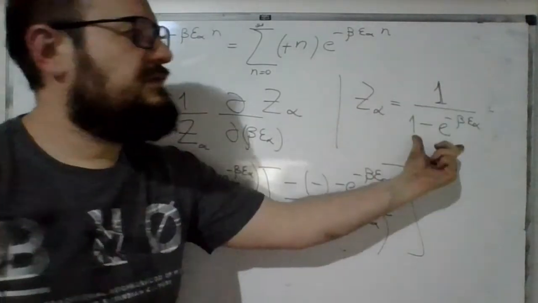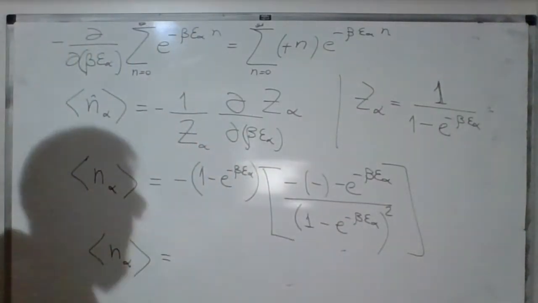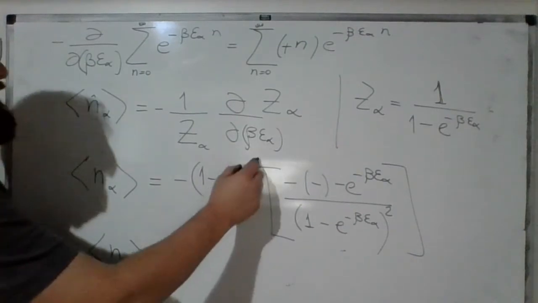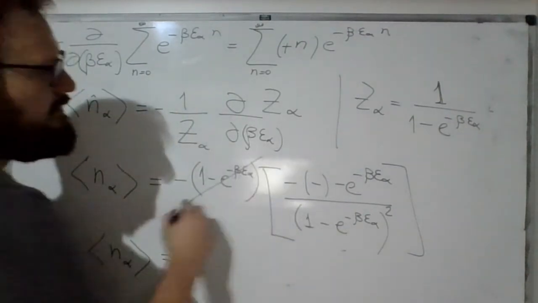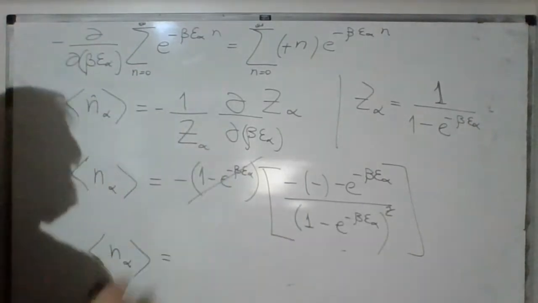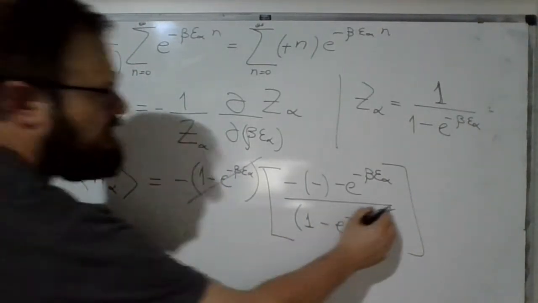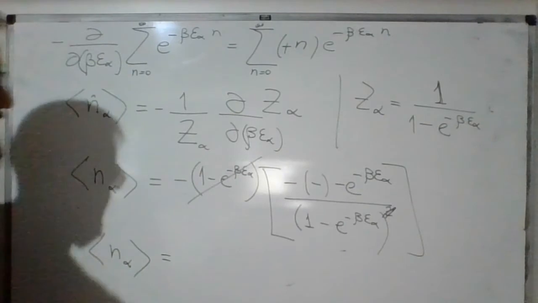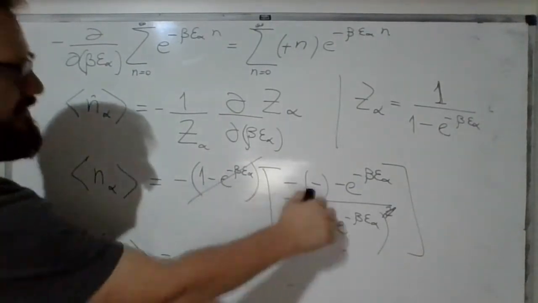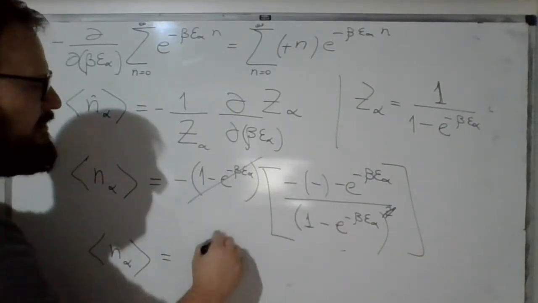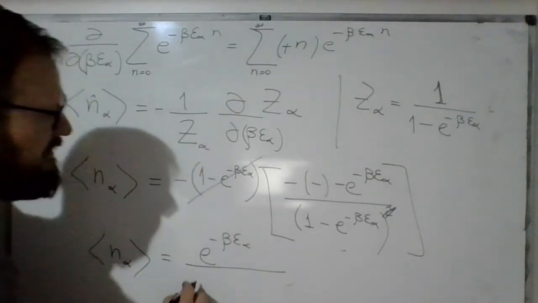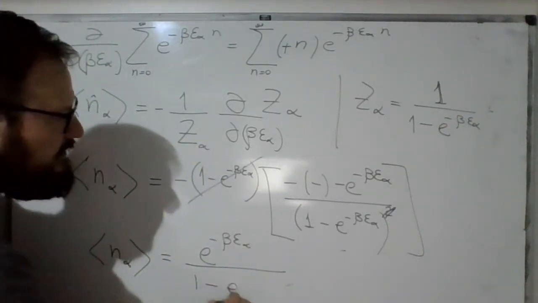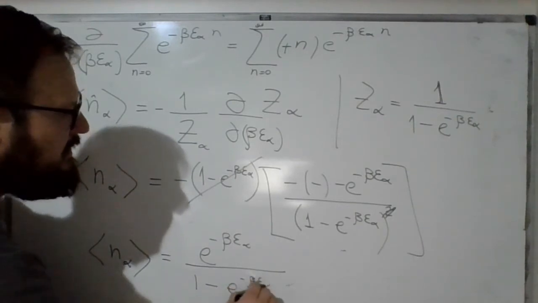The partition function is this object here, and therefore we can eliminate this because here we have the squared. We can eliminate the minus signs, so the minus is just cancelled out. We have e to the minus beta, the energy of the state alpha, divided by 1 minus e to the minus beta e alpha.